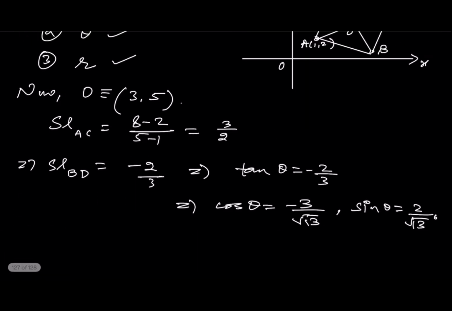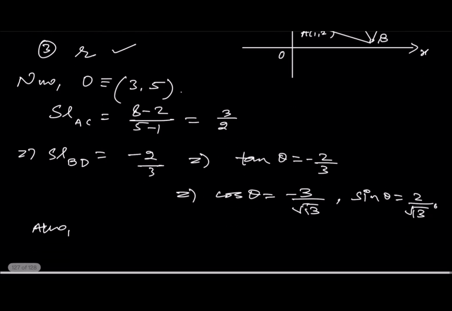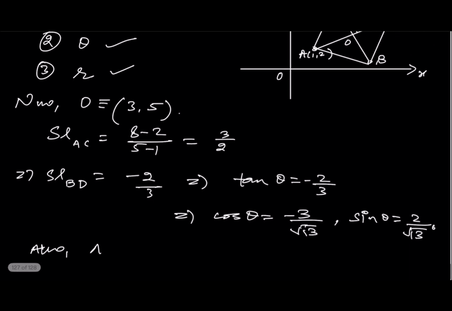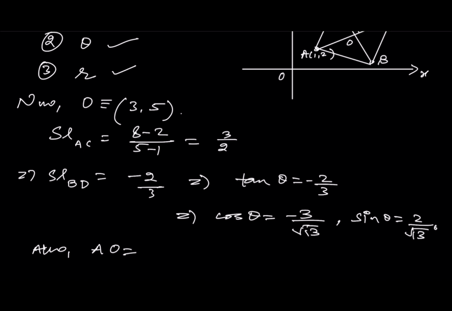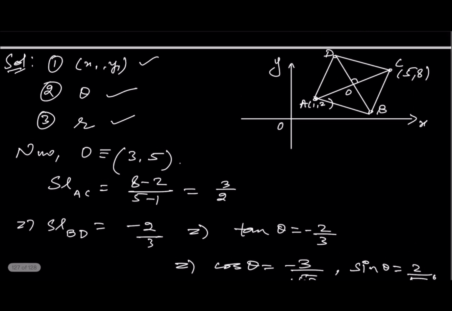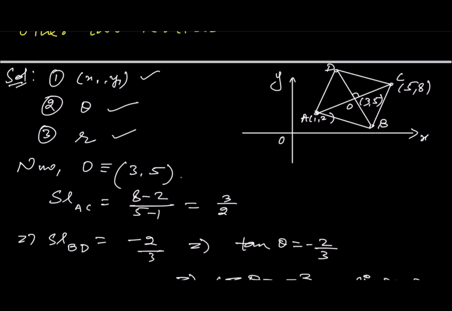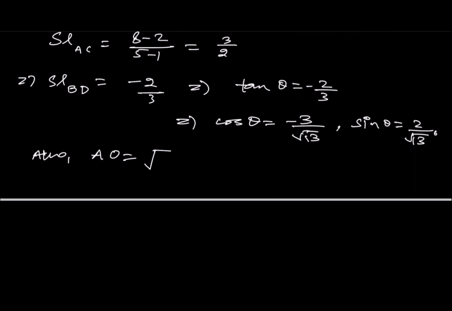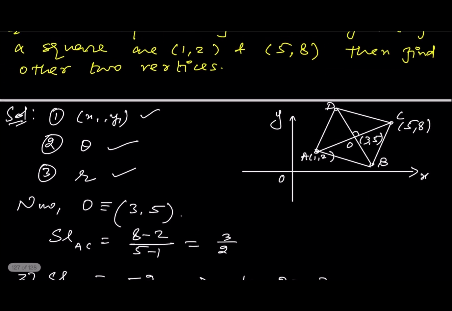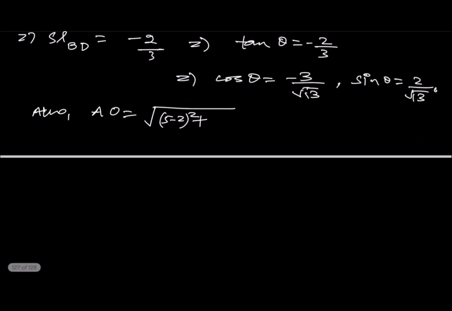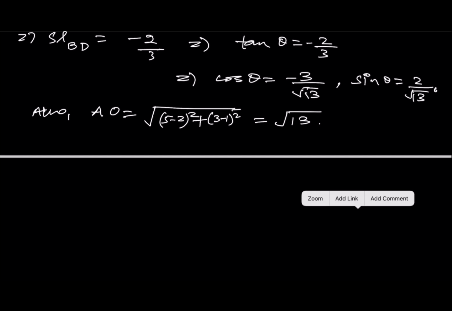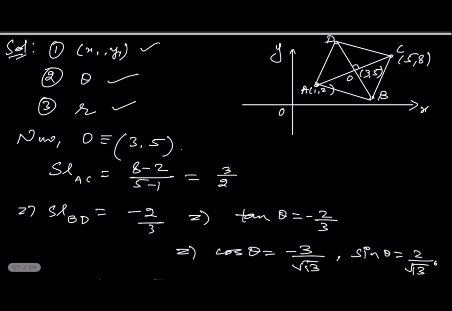Now also OA, where O is (3, 5): root over (5 minus 2) square plus (3 minus 1) square, so root 13, which is equal to OD.